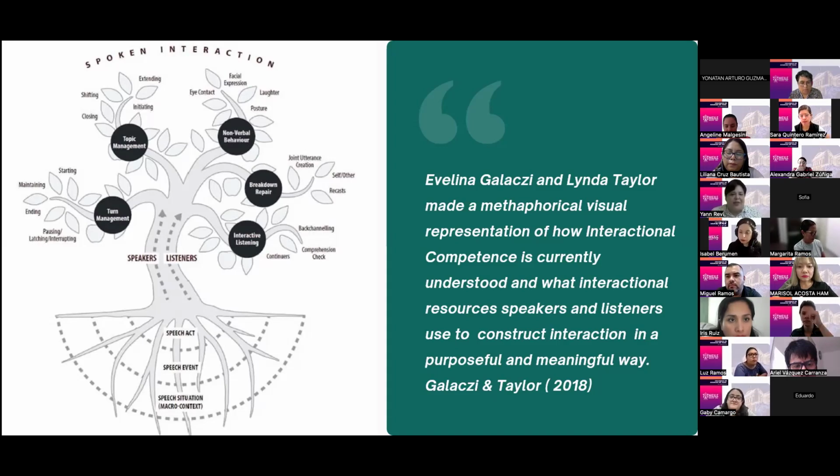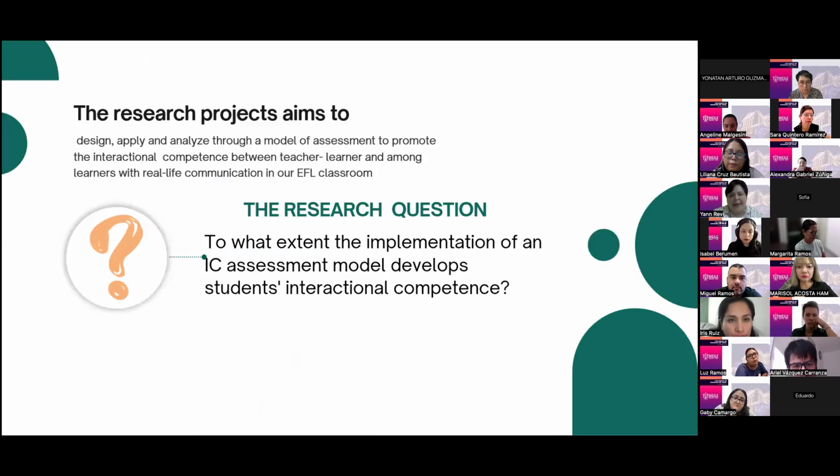Well, to this point, I wonder as a professor how can I assess if my learners are really developing interactional competence? For that reason, I want to focus my research project on assessing interactional competence, which I understand is probably not easy.